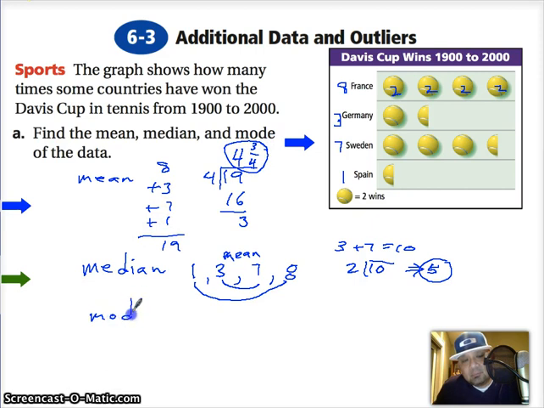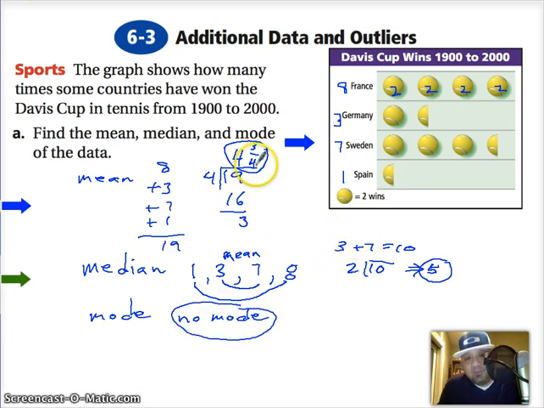The mode is just the most popular answer, is another way to think of it, but none of these numbers occur more than once, so there is no mode. Okay. So with these original numbers, we've got 4 3/4, 5, and no mode.